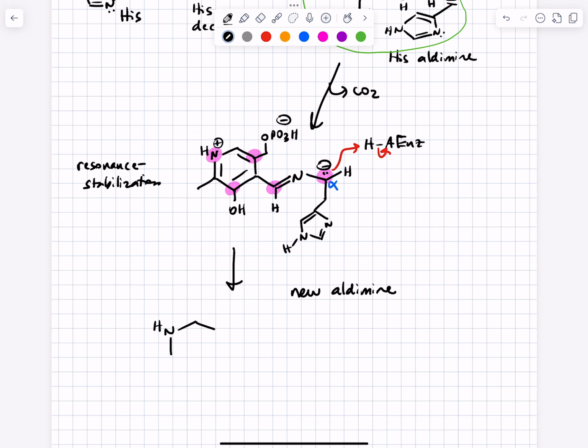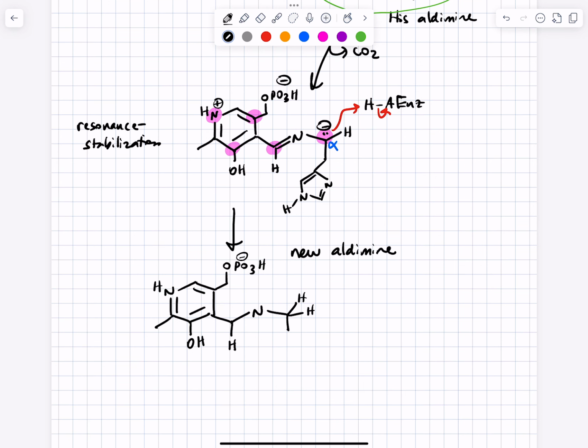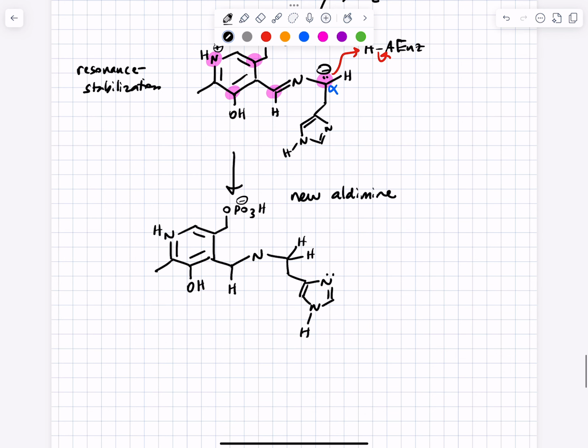Man, if you weren't already sick of drawing PLP, I think you're there. In fact, you might be at the loathing stage. And if you want to sing the song from Wicked, you certainly can, about how much you loathe the structure of PLP. Unadulterated loathing. Okay, oops, and there's the imine.